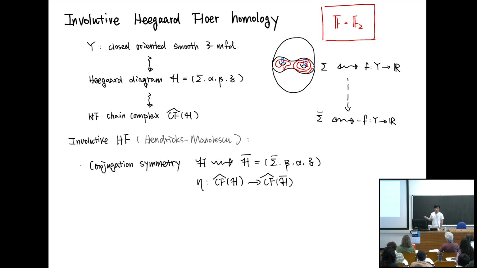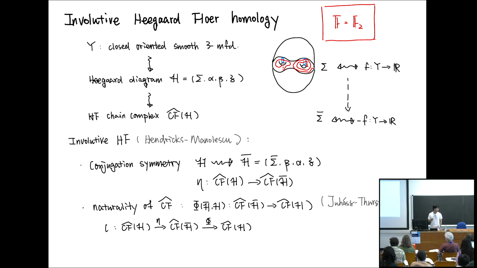There's another way to relate these chain groups. H and H bar are related by some sequence of Heegaard moves, so you can use that to induce a map between these two chain groups, and by the naturality of Heegaard Floer homology, by Juhász, Thurston and Zemke, this map is well defined up to chain homotopy.